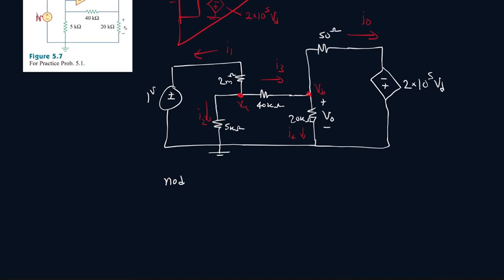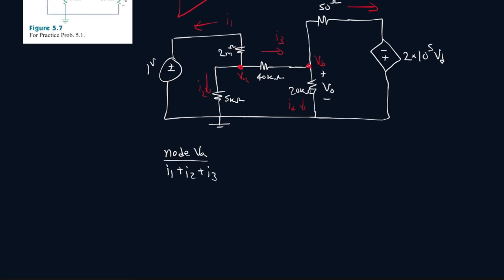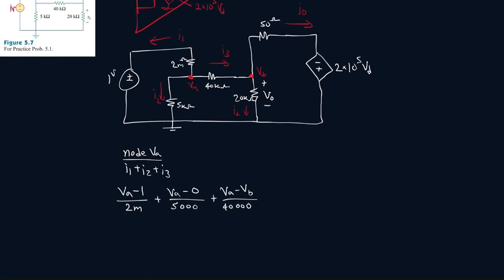So for node VA, it will be I1 plus I2 plus I3. They're all leaving. So I1 will be VA minus 1 all over 2 million ohms plus VA minus 0 all over 5,000 ohms plus VA minus VB all over 40,000 ohms.